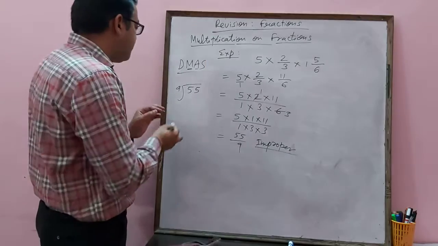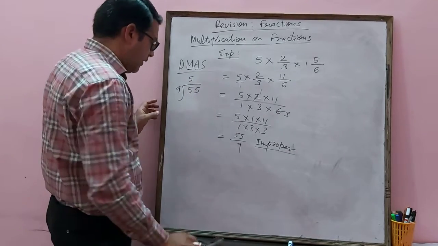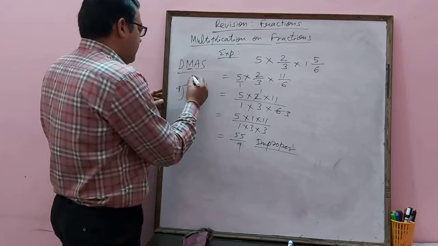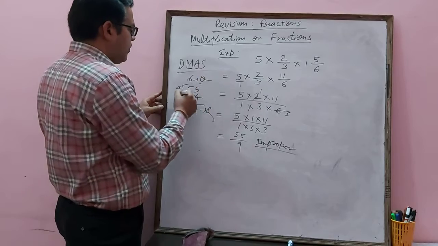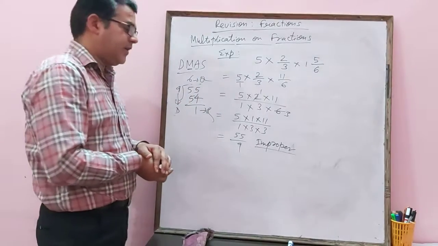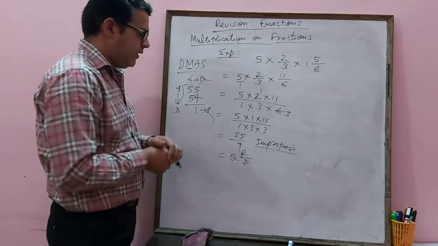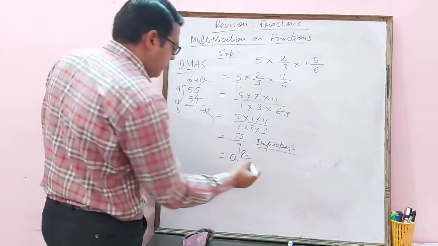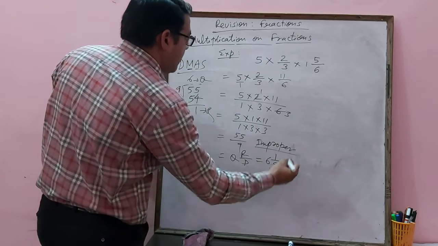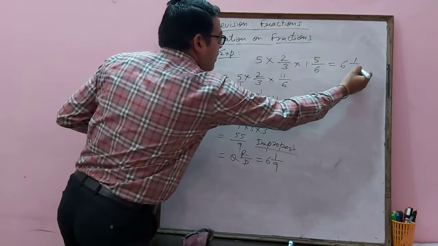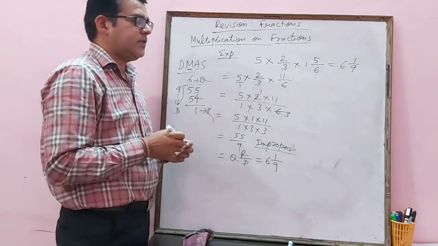How many times? 9 5s are, 9 6s are 54. 1 is the remainder, 6 is the quotient, and this is the divisor. So we can write the quotient as a whole, then the remainder, then the divisor. Quotient is 6, remainder is 1 and divisor is 9. So we can say that 6 whole 1 by 9 is the product of these three numbers.